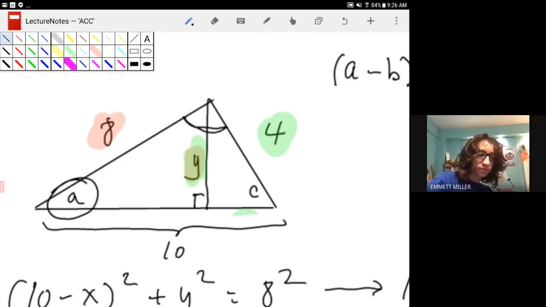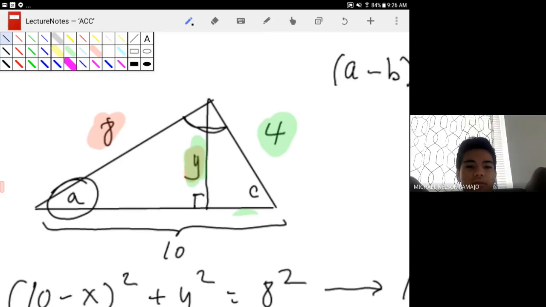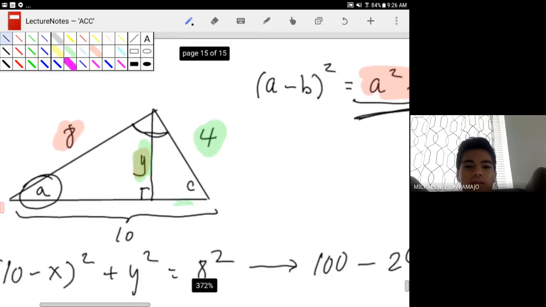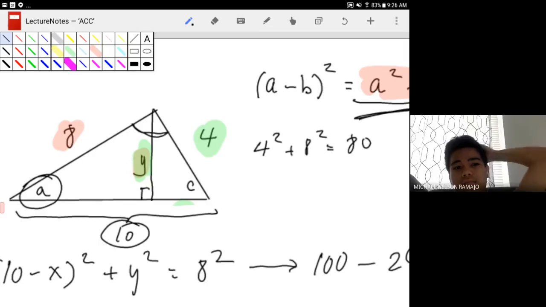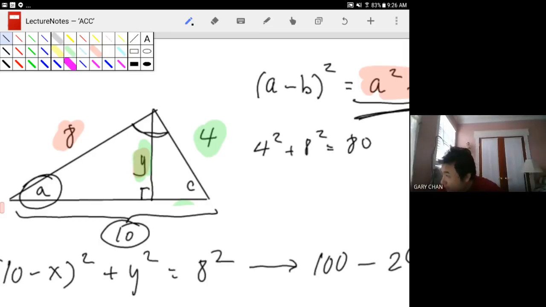4 squared plus 8 squared. That only adds up to 80. That's right. If this was indeed a right triangle, this side length 10 right here should not be 10. It should be square root of 80. So that's why this triangle is not a right triangle.